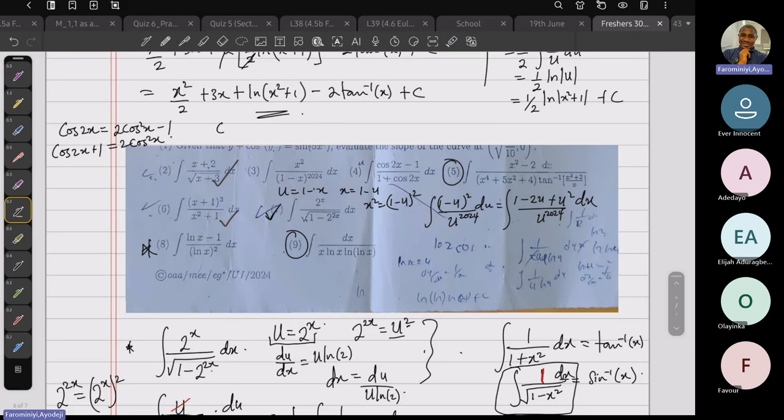Similarly, cos 2x is equal to 1 minus 2 sine squared x. So if I bring minus 1 to the other side, cos 2x minus 1 is equal to minus 2 sine squared x.